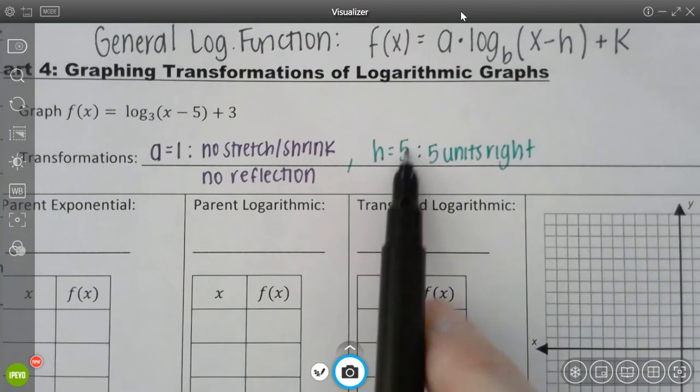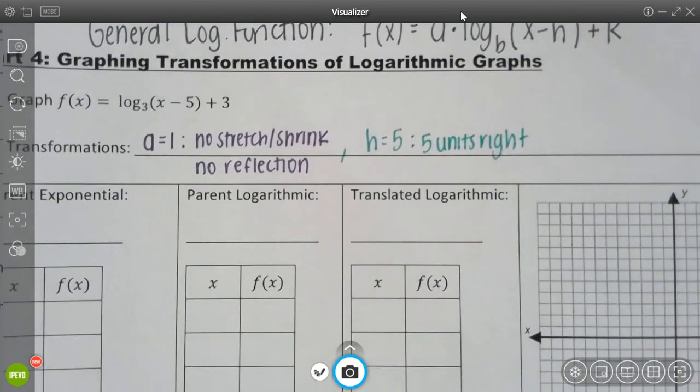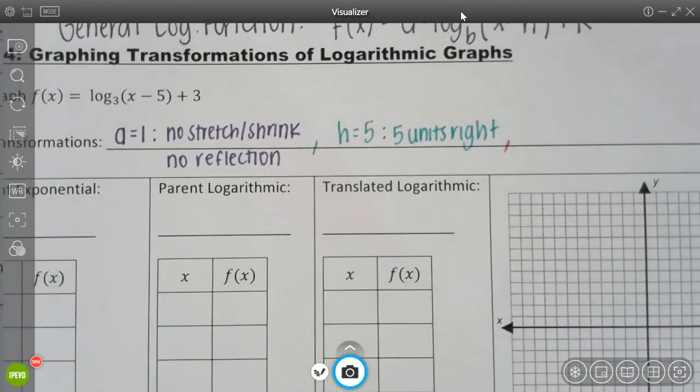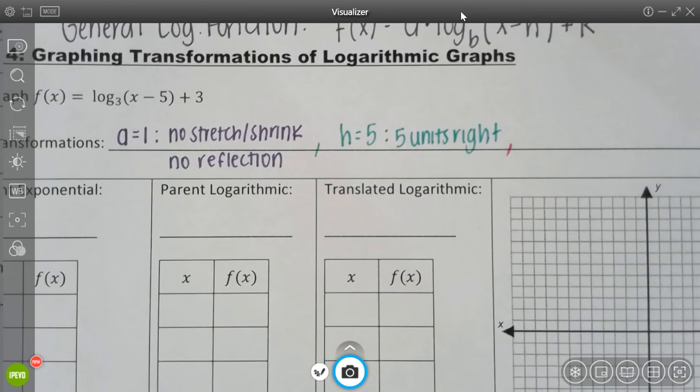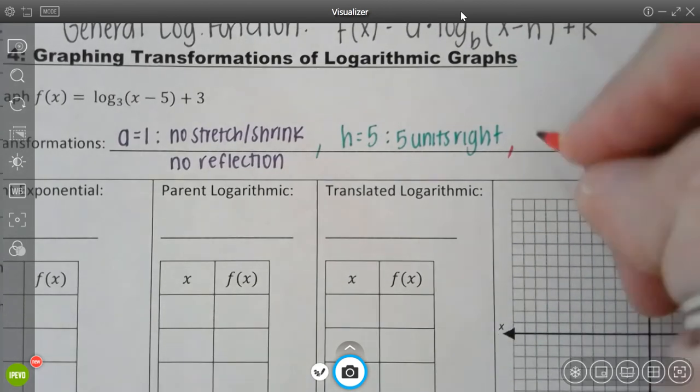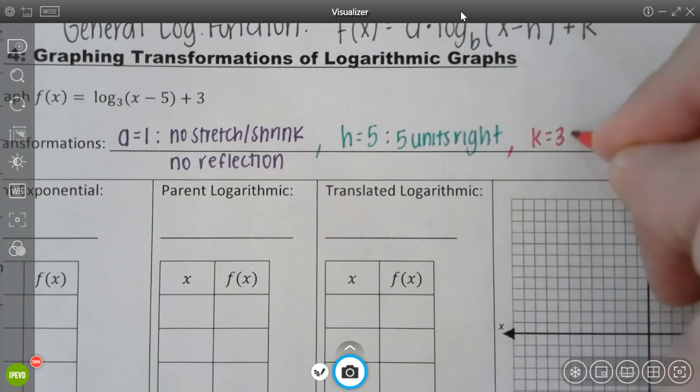Some people are still having trouble identifying this H value, which I noticed on the quizzes when I was grading this weekend. So make sure you know what your H value is. How about K? What's K and what does it do? Yep. Shift 3 units up. So K is 3, so we are moving 3 units up.